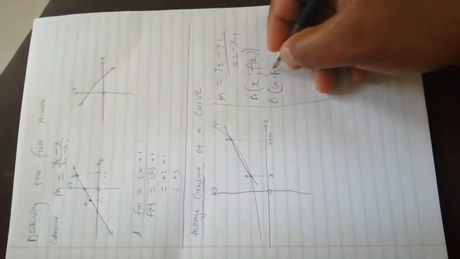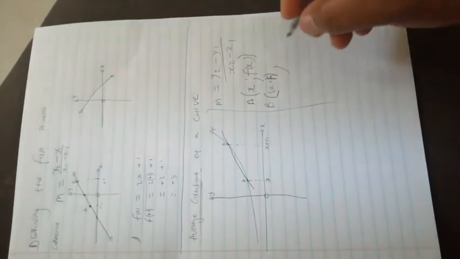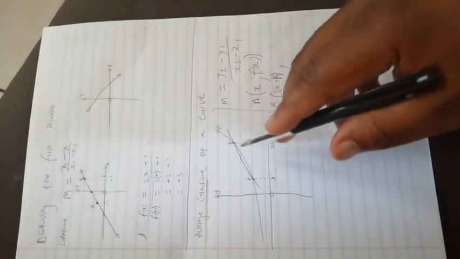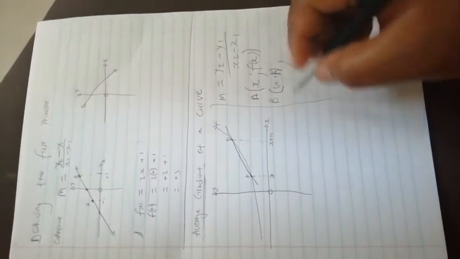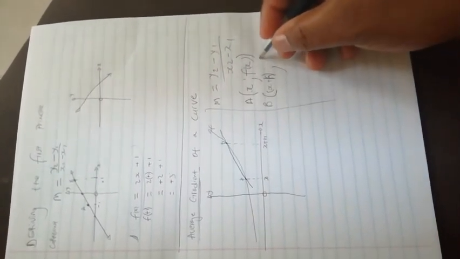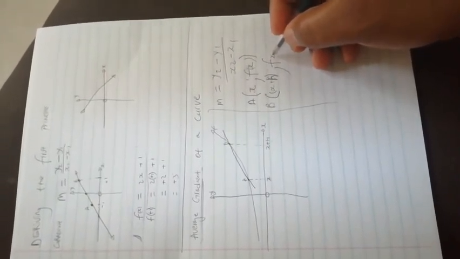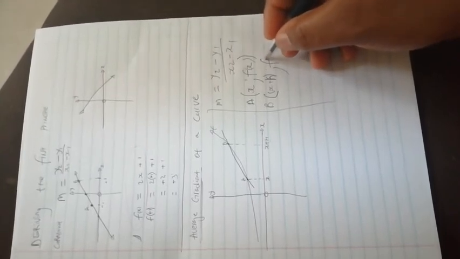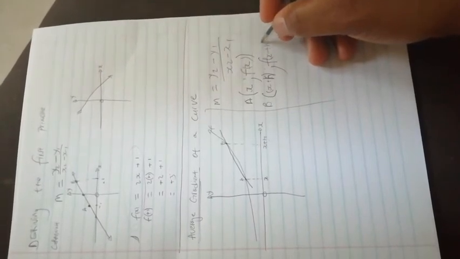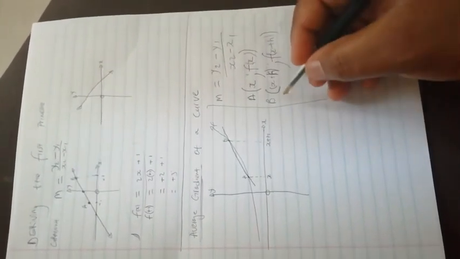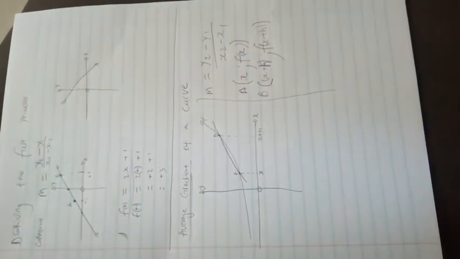To find the y value for this point, I will substitute x plus h in the equation, so I will have f at x plus h. So this is my x value for point B, and this is my y value.